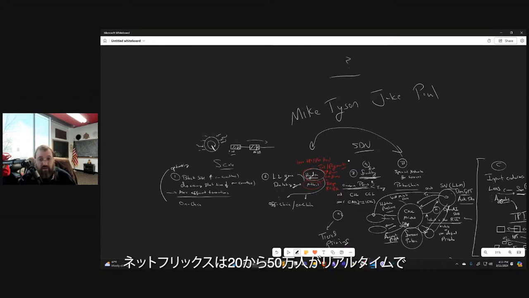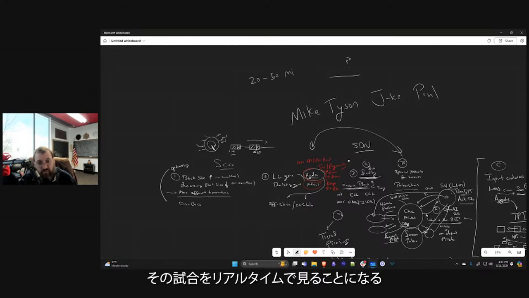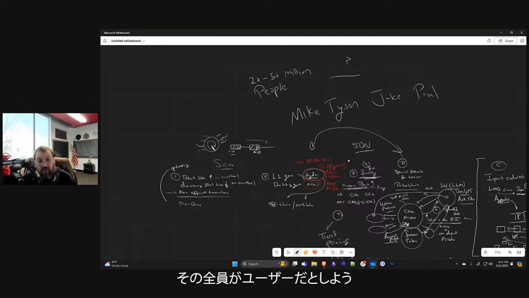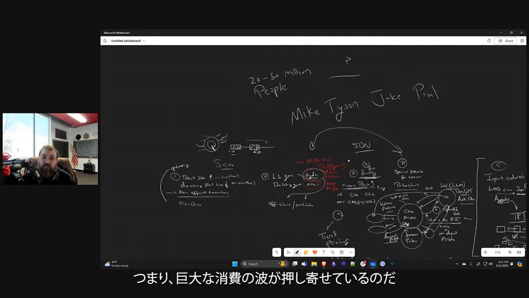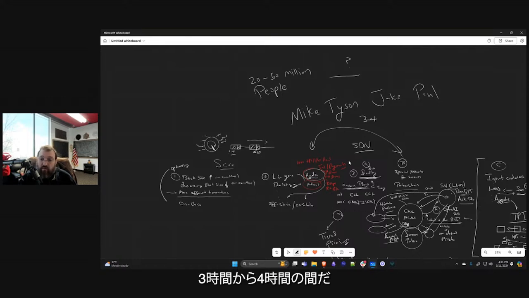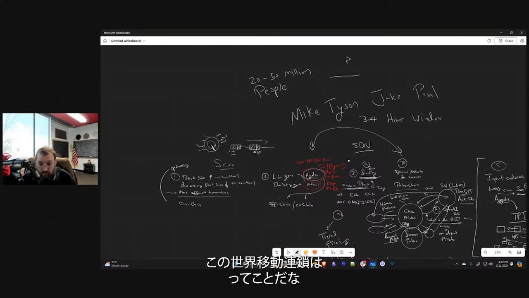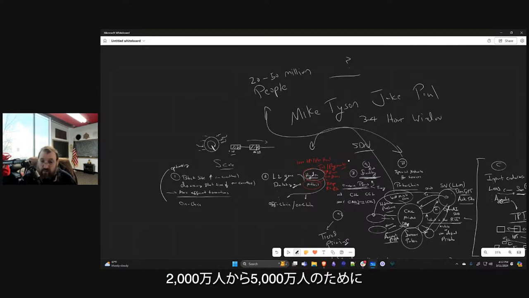Well, we think there's going to be somewhere between 20 to 50 million people, according to Netflix, that are going to watch that game in real time. Let's say all of them are users. So you have a gargantuan surge of consumption for a 3 to 4 hour window. Massive amount of bandwidth is required. So that World Mobile chain right there is going to be working really hard to do all that live streaming and broadcast for those 20 to 50 million people.